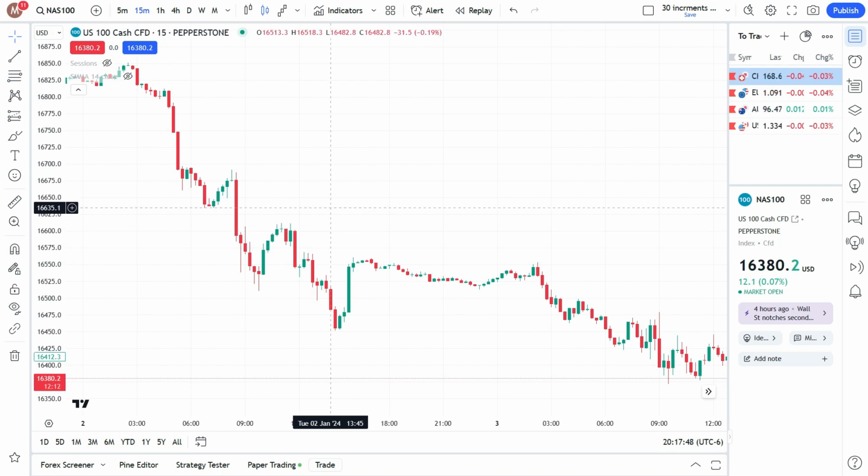Now, when you look at the candles, there are some things you need to know when it comes to just one of these candlesticks and the anatomy of the candlestick. Right here, we have the wick, and then we have an open, close, and then another wick. But let's just get into the breakdown of the candlestick.